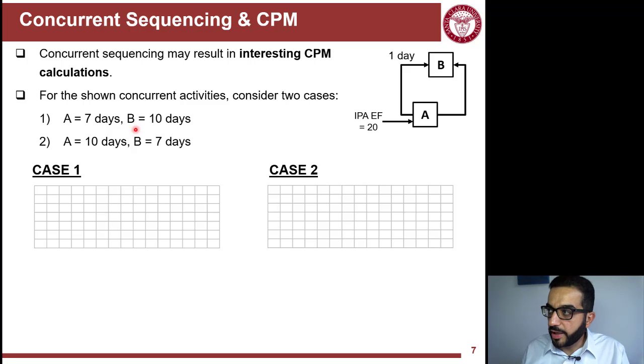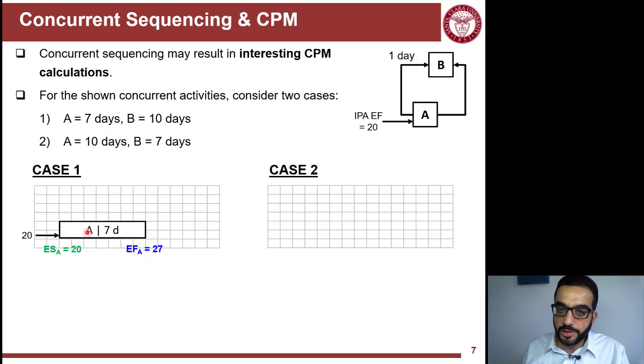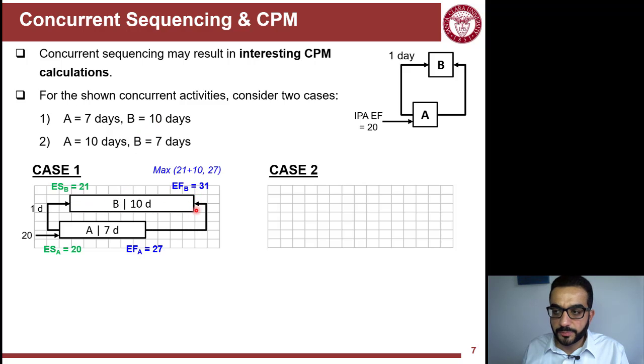So let's see what's really happening here. If A starts at 20 with 7 days, you'll have an early finish of 27. You have a start to start relationship with B with 1 day lag, so the early start of B will be 21. B is 10 days, so that means B will finish at 31. But wait a minute, I have a finish to finish relationship between A and B. So B can't finish until A is finished, which is the case, right?